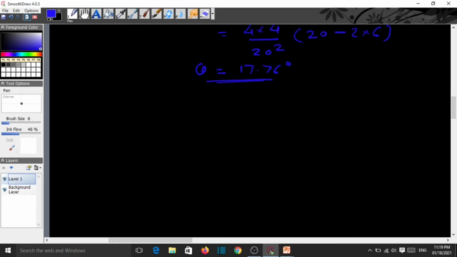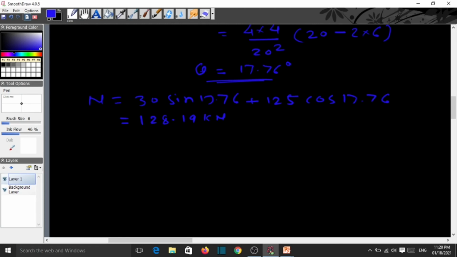So here we can write N is equal to V sin 17.76, that is 30, plus H, which is 125, cos of 17.76. So that is equal to 128.19 kN.